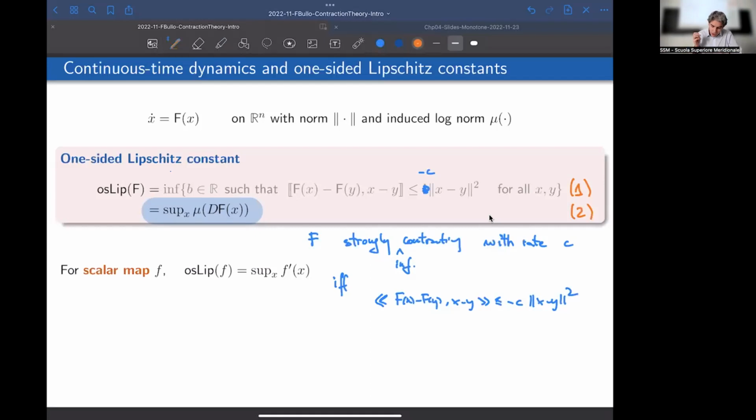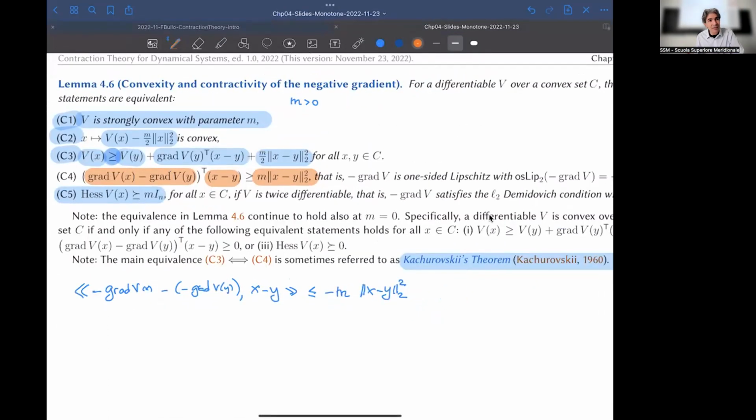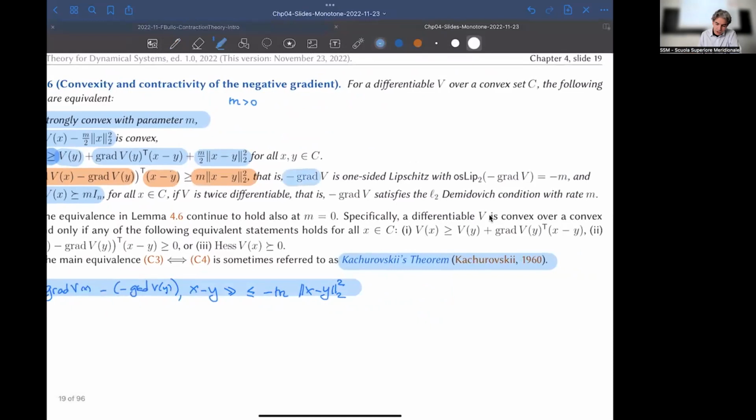So if you believe this equivalence, then going back to my strongly contracting function, it just so turns out that as you read this equation, you realize that this is the equation that says no more, no less than minus gradient V has one-sided Lipschitz constant equal to minus M, where M is the strong contraction parameter.